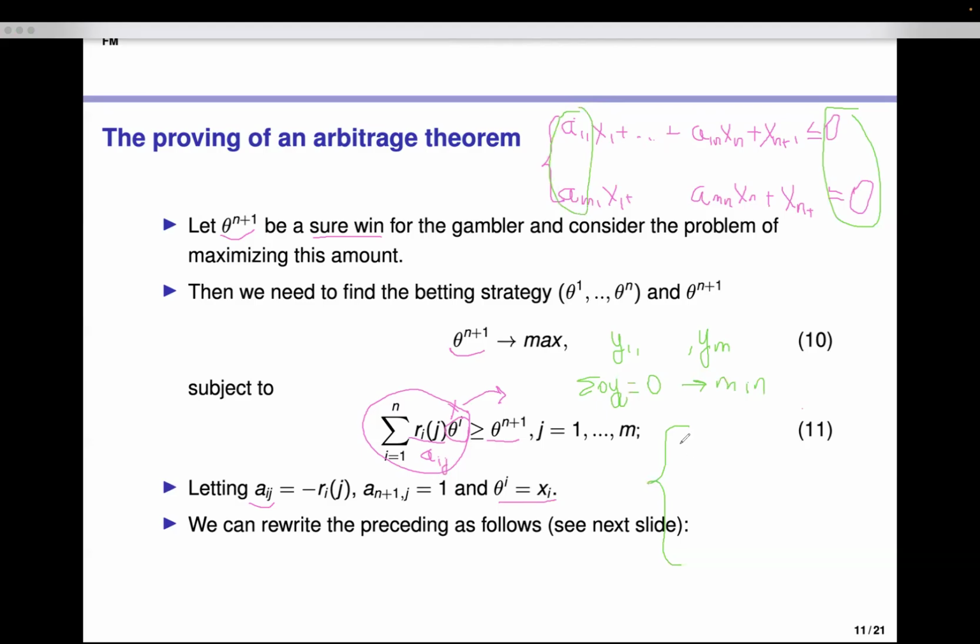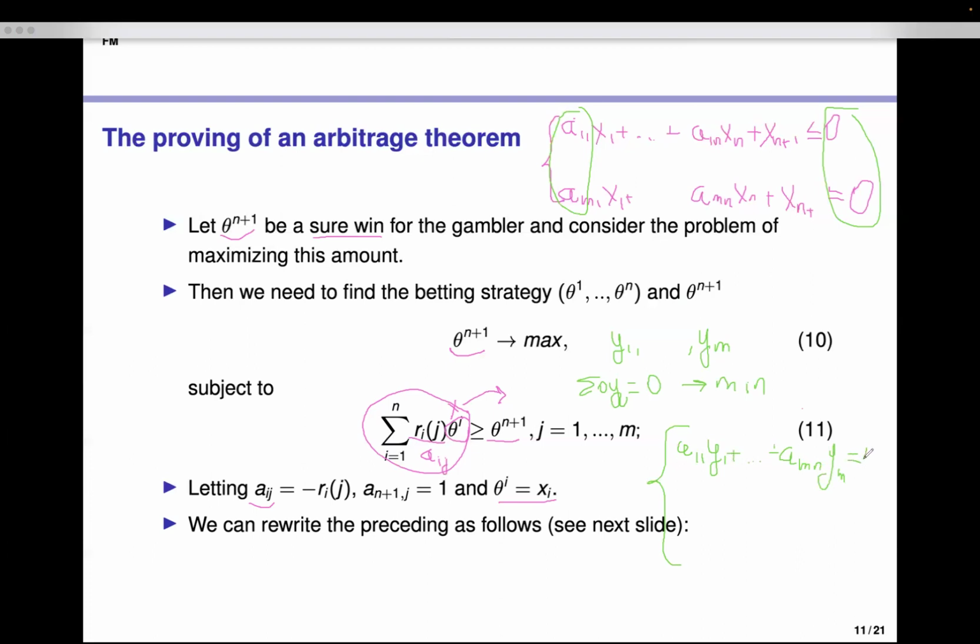Yes, so I can write a11 multiplied by y1, plus, and so on, like a1n, and amn ym, and it equals 0.